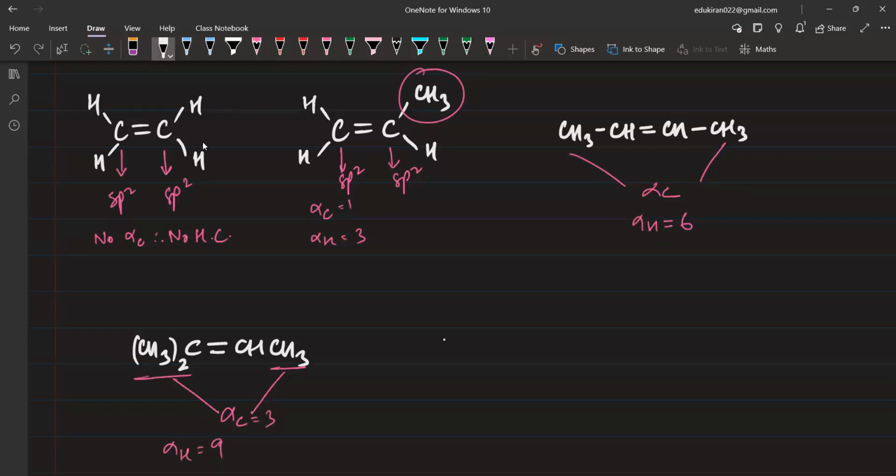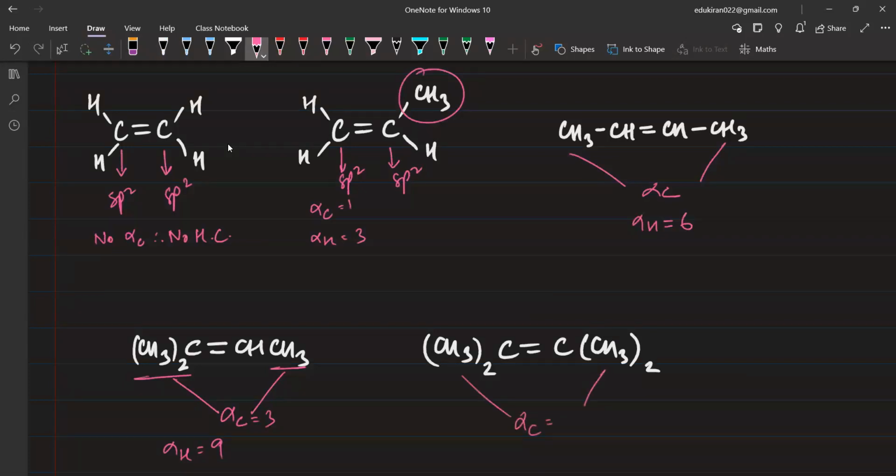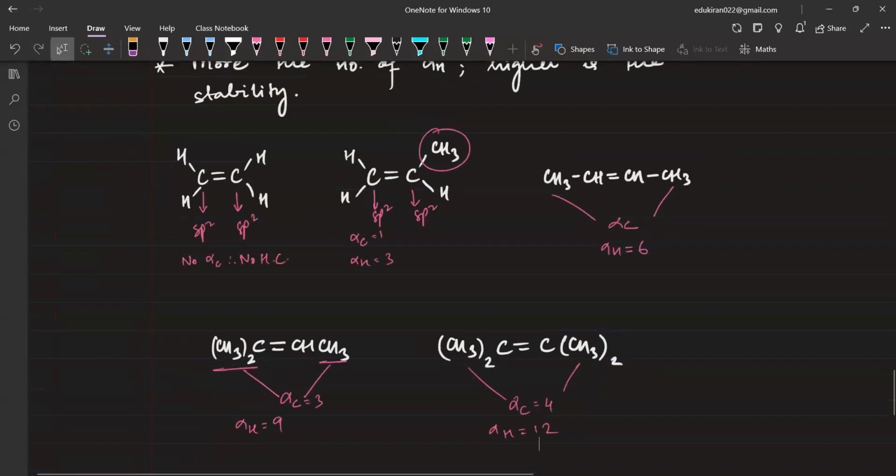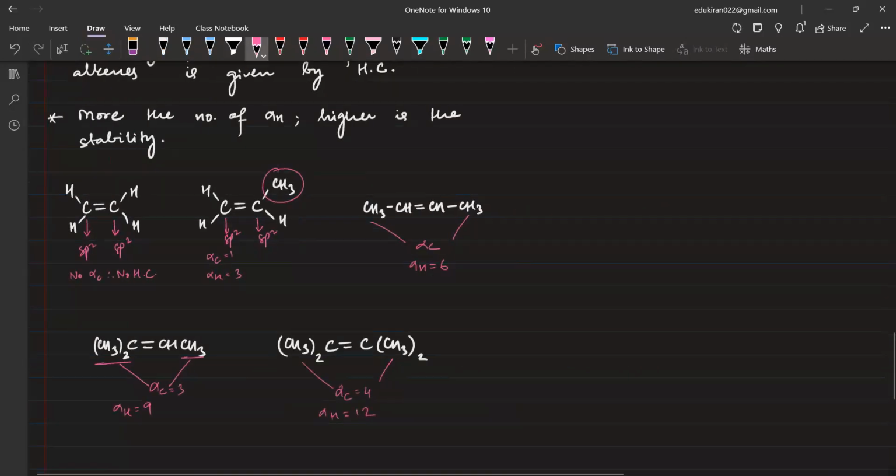You can have even more if you have CH3 carbon doubly bonded to carbon, CH3 twice. Now the alpha carbons are 4, and the alpha hydrogens are 4 times 3, which is 12. The most number of alpha hydrogens is in the last case, and that is the most stable alkene.